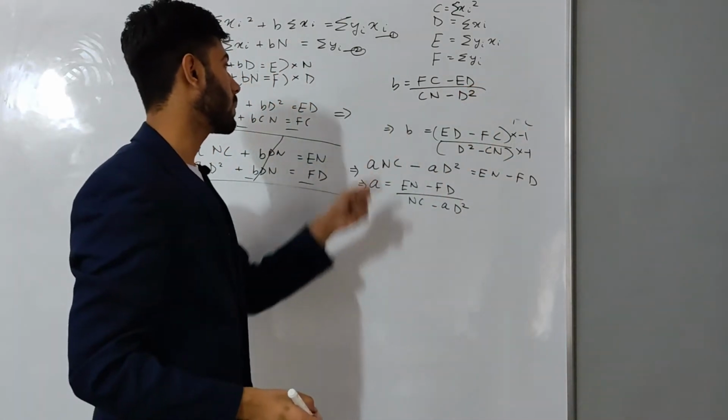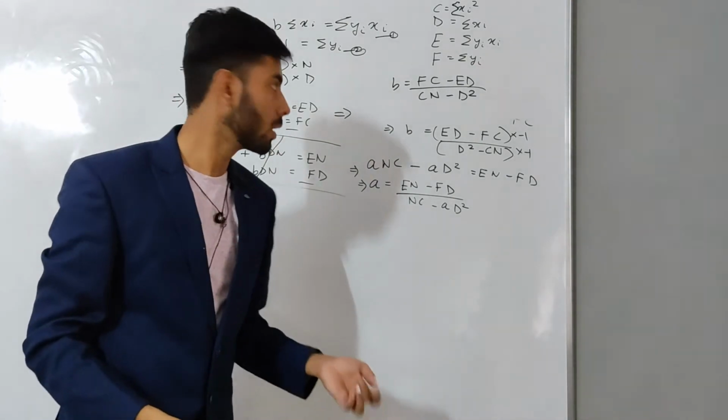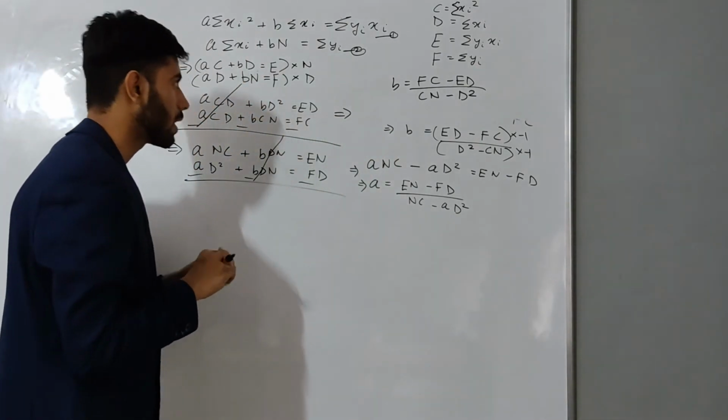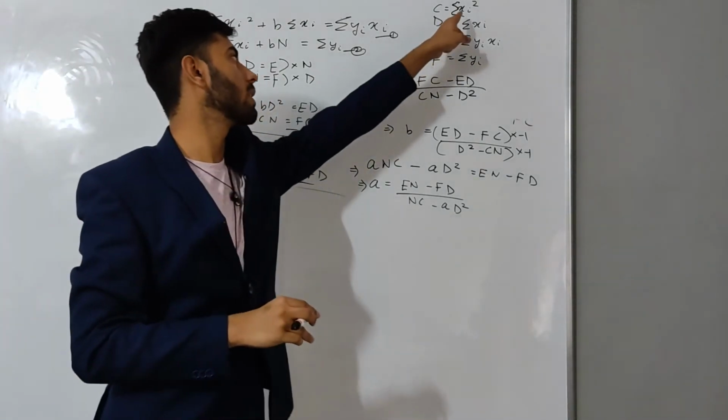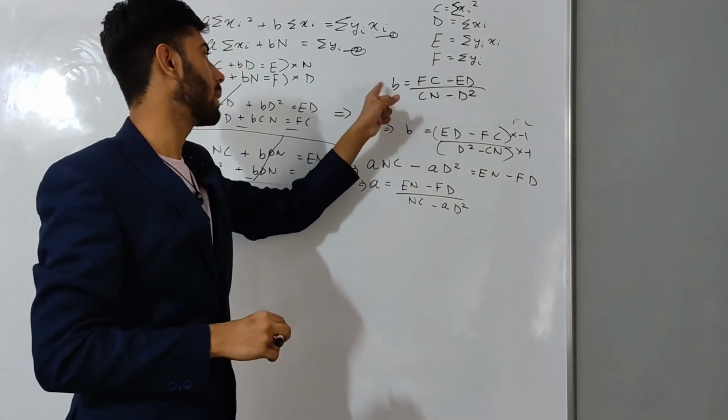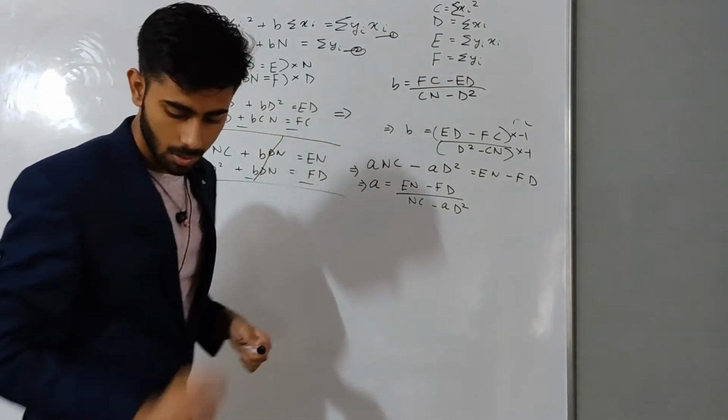Now in both a and b I have the denominator equal. So now I'm going to substitute the values back into a and b.